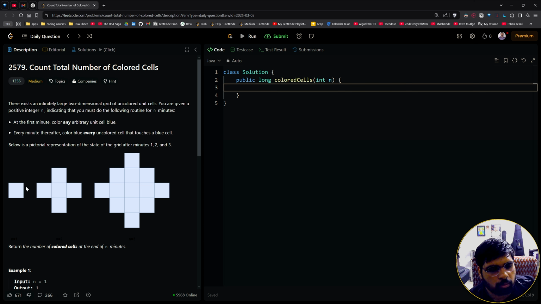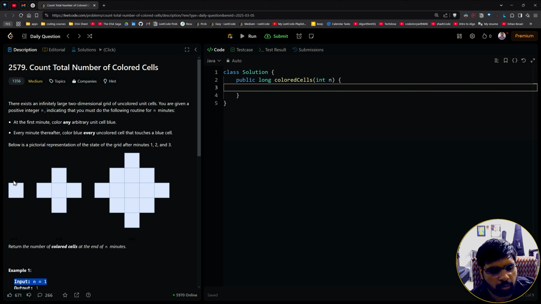Okay, so we will be given a square here, according to the n number. Input 1 will be this. Now what we'll do, we will color the edges of this square.